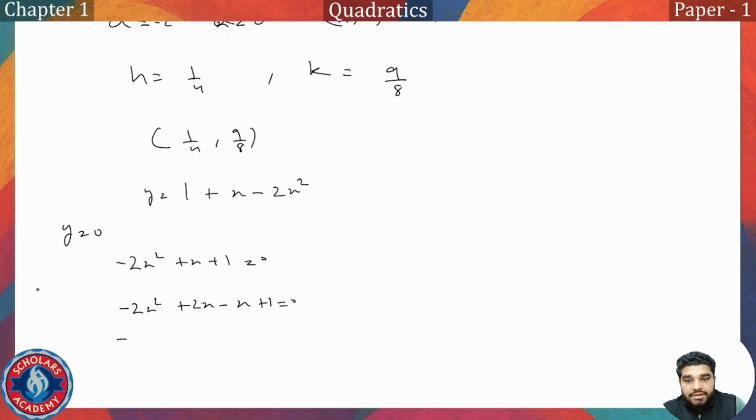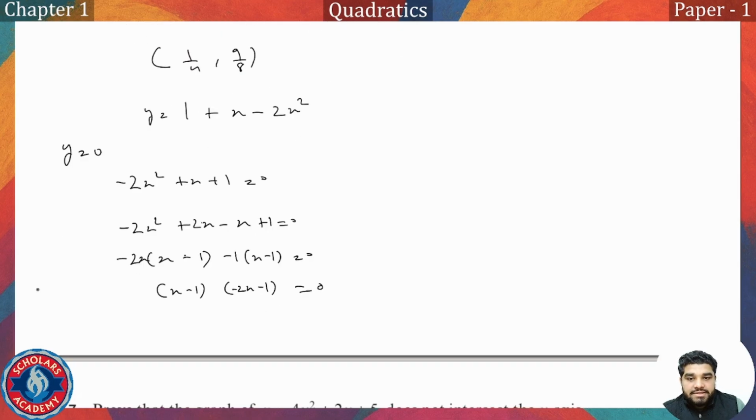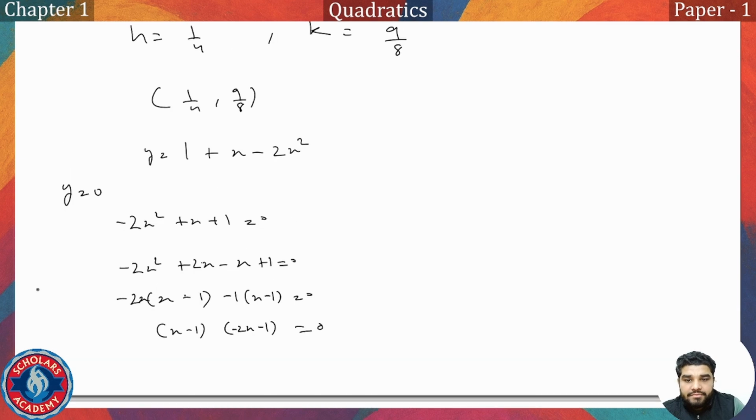We take negative 2x common, we get x minus 1, and we take minus 1 common, x minus 1 is equal to 0. So x minus 1 and negative 2x minus 1 is equal to 0. This gives us x is equal to 1 or x is equal to negative 1 by 2.